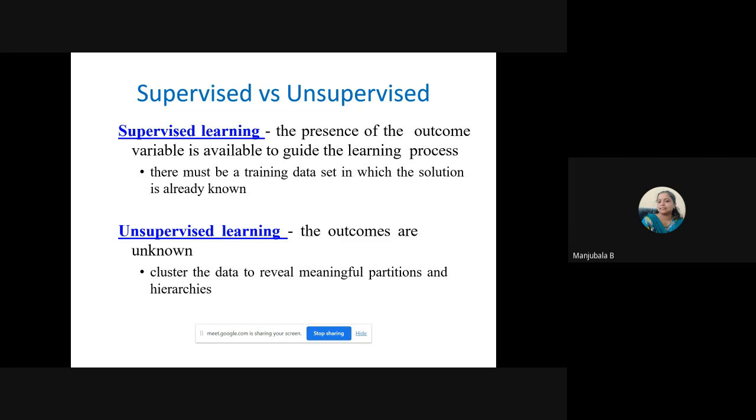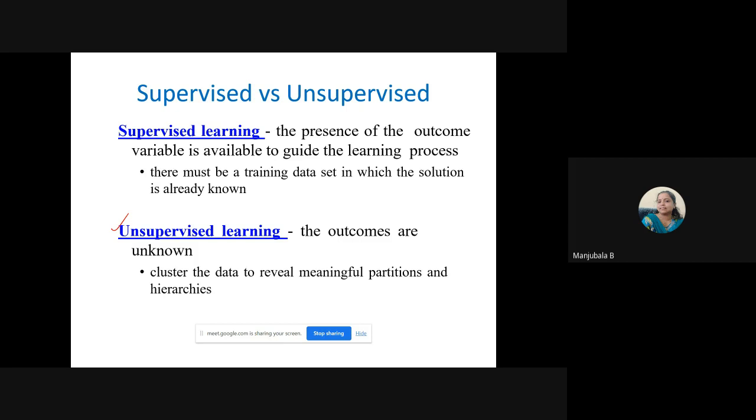For that, we have to partition the data sets, or build a hierarchy among the data sets, to reveal the inside information present among the various data points. So clustering approaches come under unsupervised learning, where the training data is unlabeled.